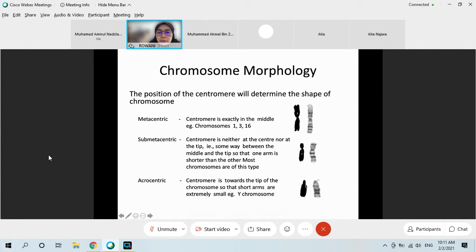Acrocentric is when the centromere is really near to the tips of your P arms. So in acrocentric chromosomes, the P arm is really, really short.